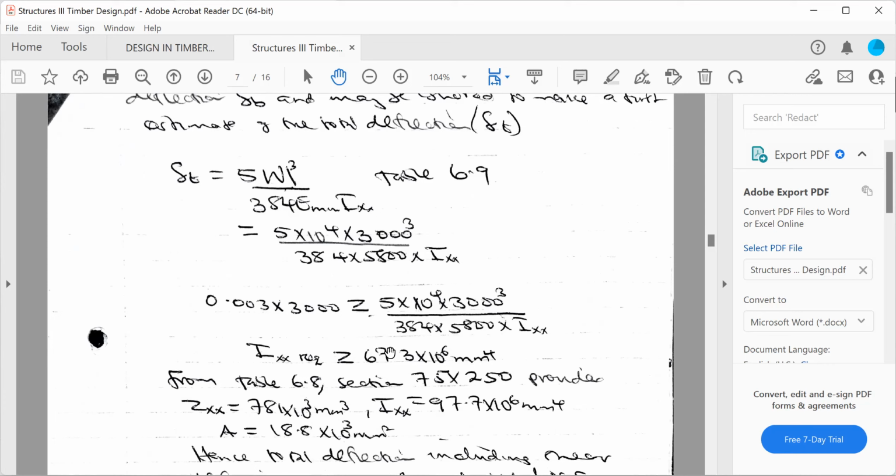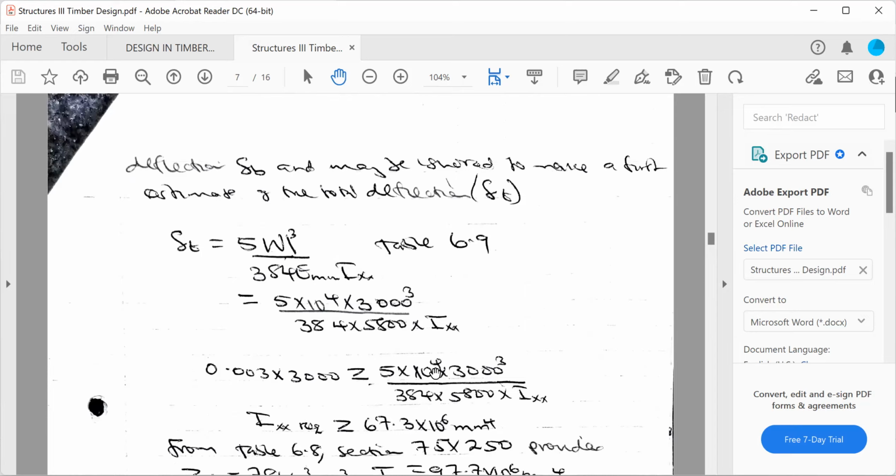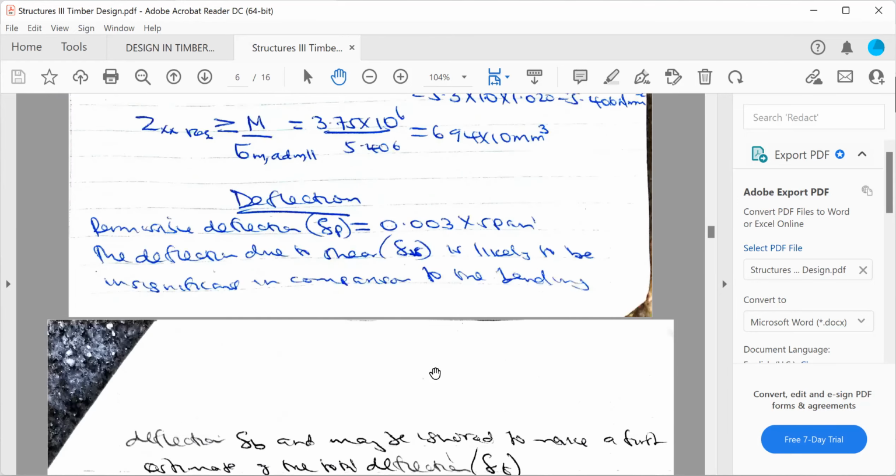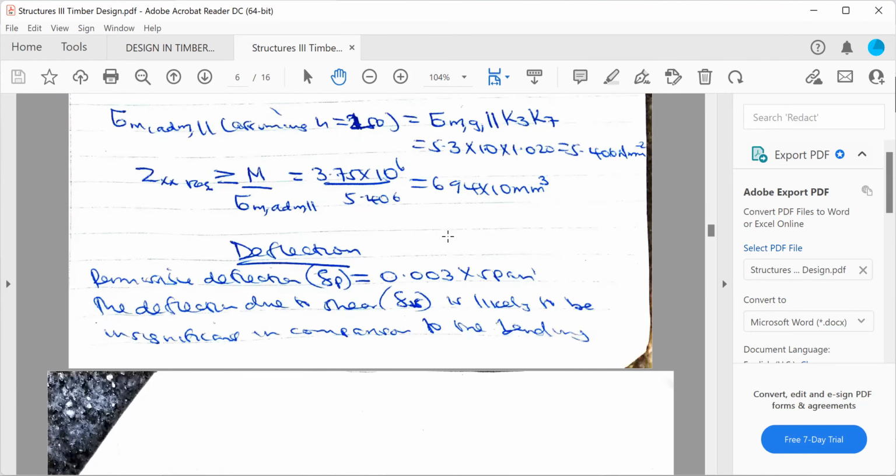Like the minimum value is 67.3. Now, remember, I have two values. I have IXX of 67.3 and I have ZXX of 694 times 10 millimeter cube.